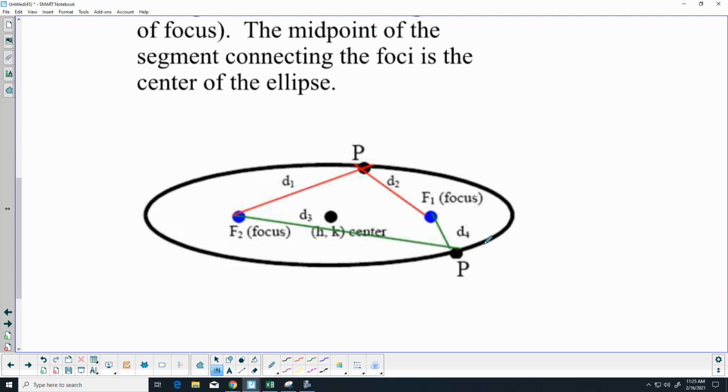Any 2 points along here is going to be the same distance. So even if I did another point right here, and we will make this one pink and dotted, that distance plus that distance would equal the green distance plus the green distance. Those distances are always going to be the same.